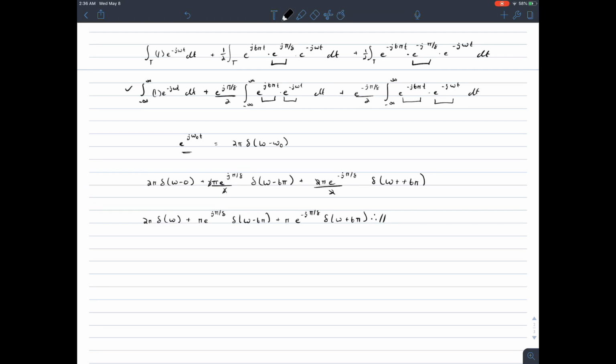Now I want you to really realize where that's coming from. So I'm going to go back here and show you where I got these numbers from. So these two simplify into e to the negative j t (omega plus 6 pi). Okay?